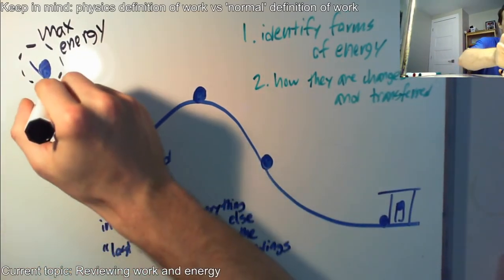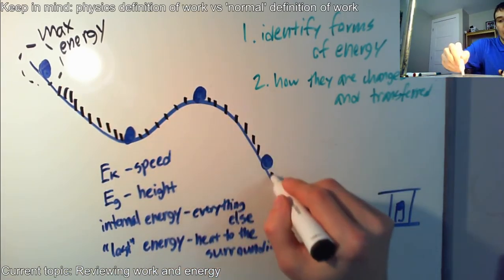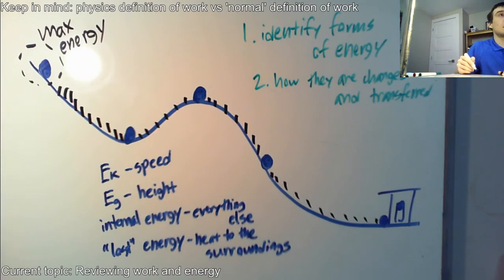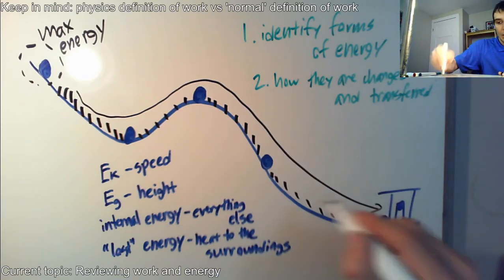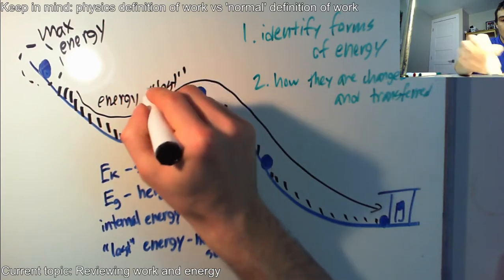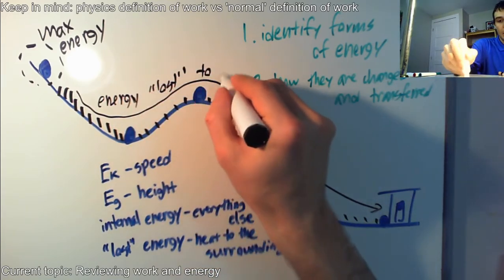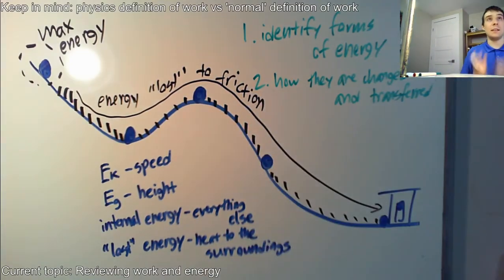The reason that that's the max energy is that all along this entire hill, you have energy quote-unquote lost to friction. What we mean, of course, is that it has moved into just heat that's gone out into the environment. It heats up the tires, it heats up the air, it heats up the road, and then it just leaves. We can't recover it, no matter how hard we try. So that's max energy.